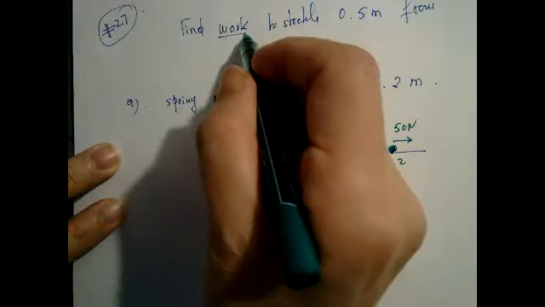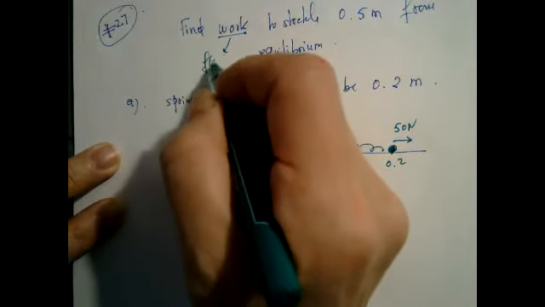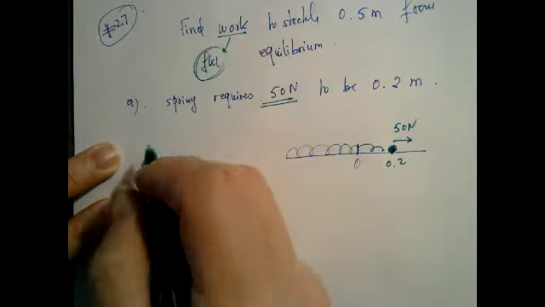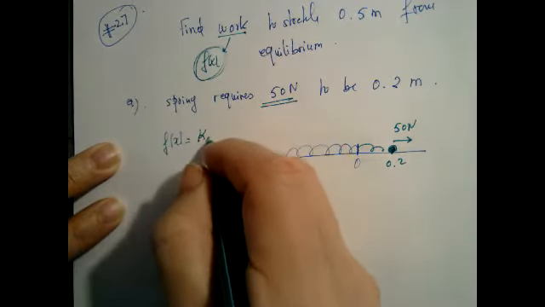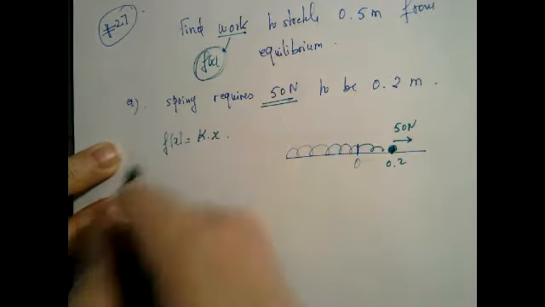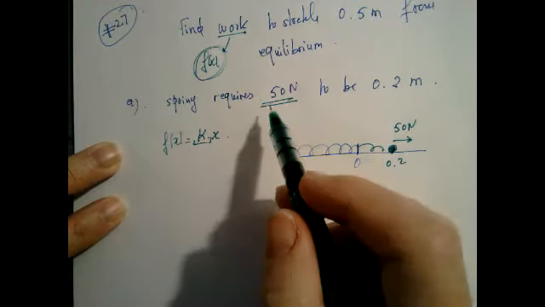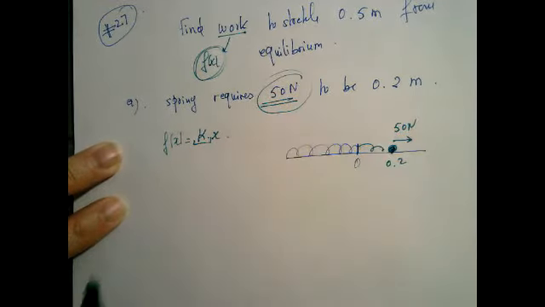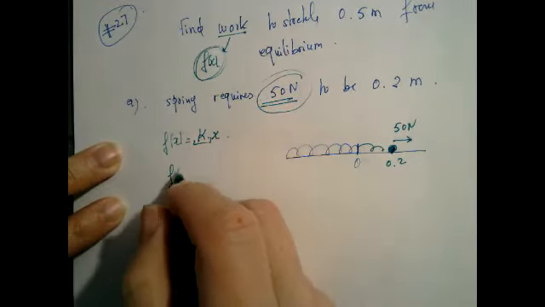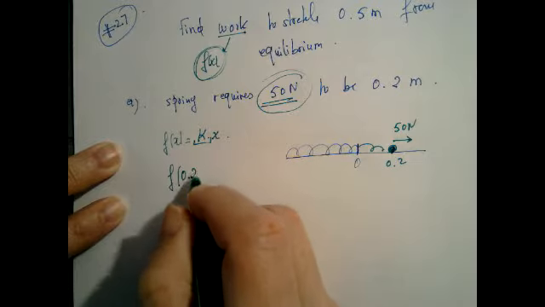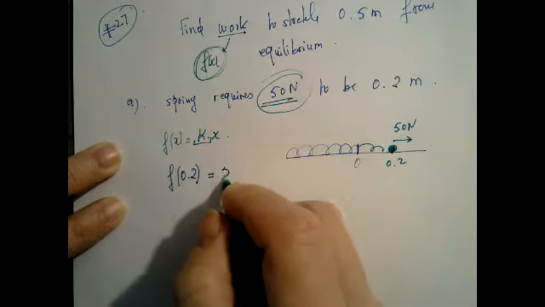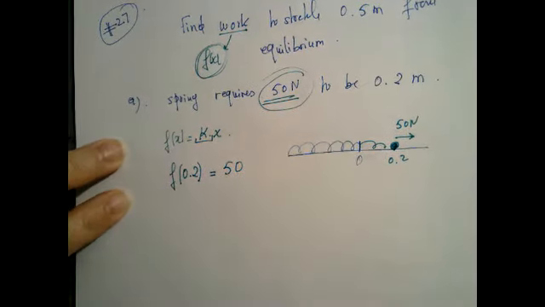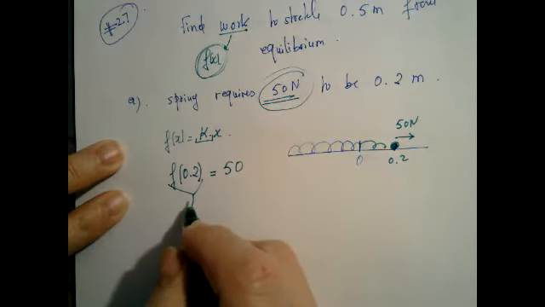To be able to find the work, I need the force. The force is kx, because we assume Hooke's law holds. I need to find k to find the formula. This tells me it requires 50 Newton, meaning that if I want to stretch it 0.2 and keep it stretched, I need 50 Newton of force. And I use this info to find the force.